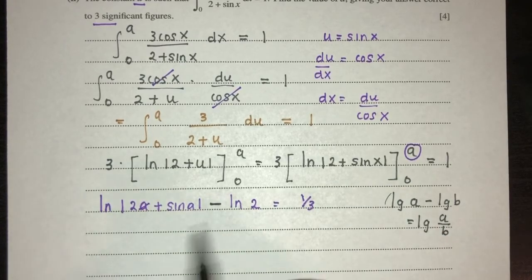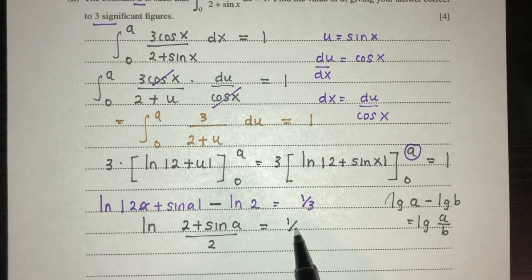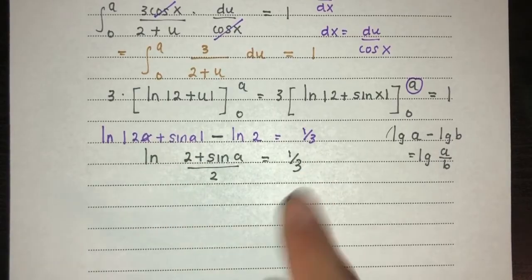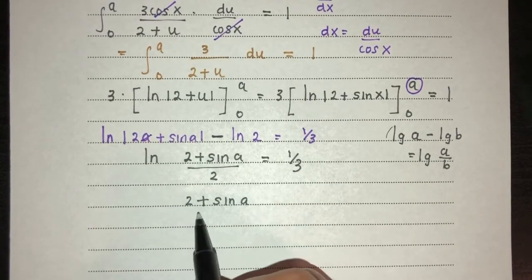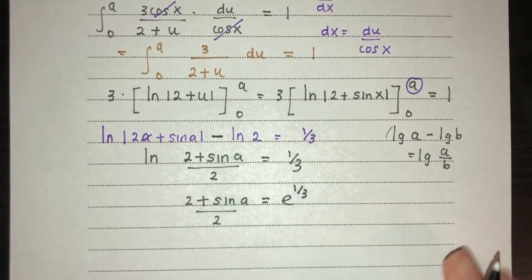So same thing here. It will be ln of 2 plus sin a divided by 2 is equal to 1 over 3. Now to eliminate this ln, we have to send this over here. You will have 2 plus sin a over 2 is exponential 1 over 3.